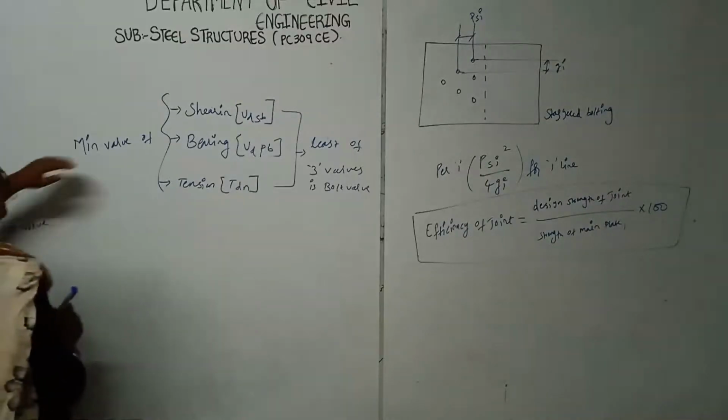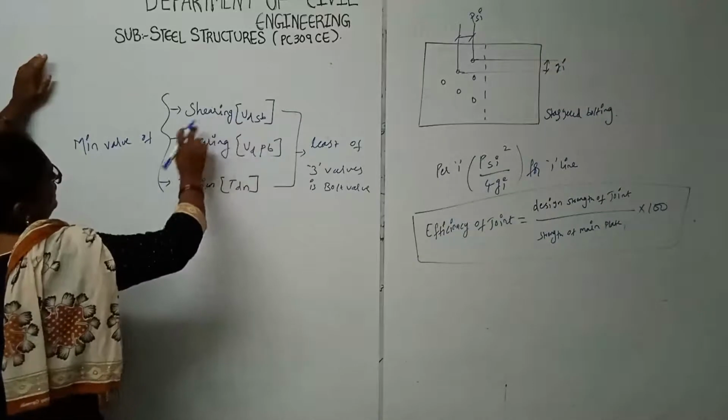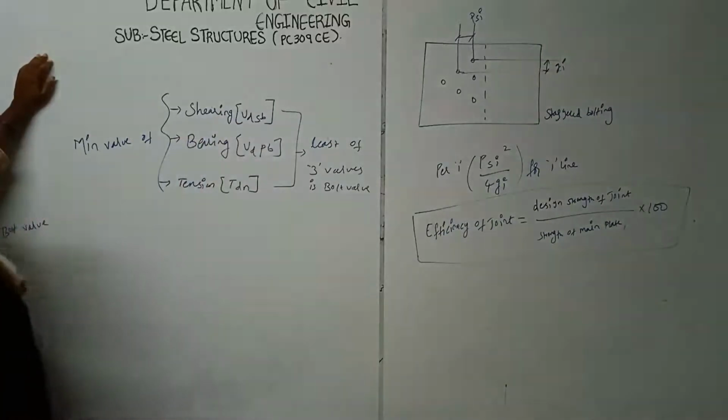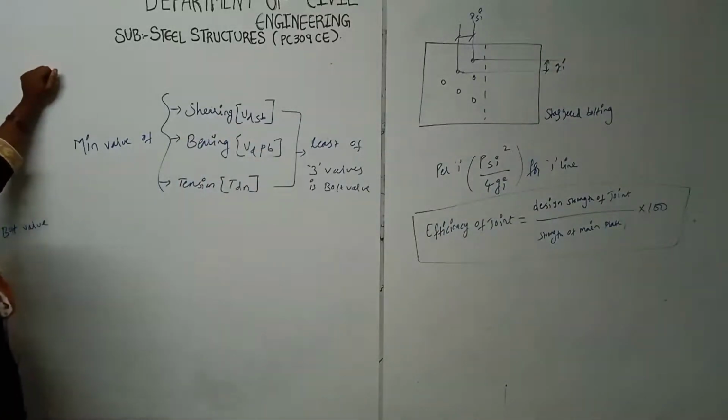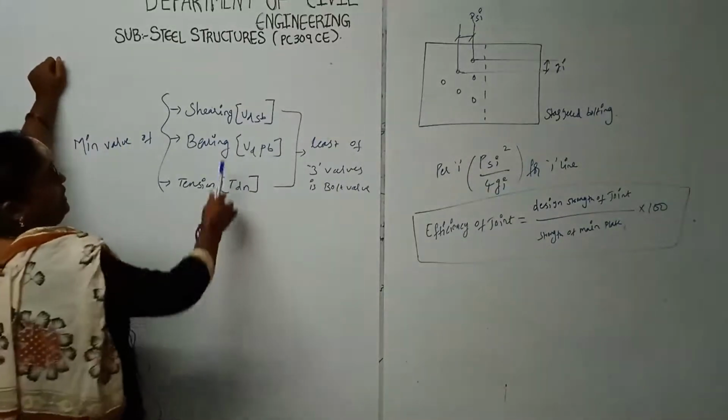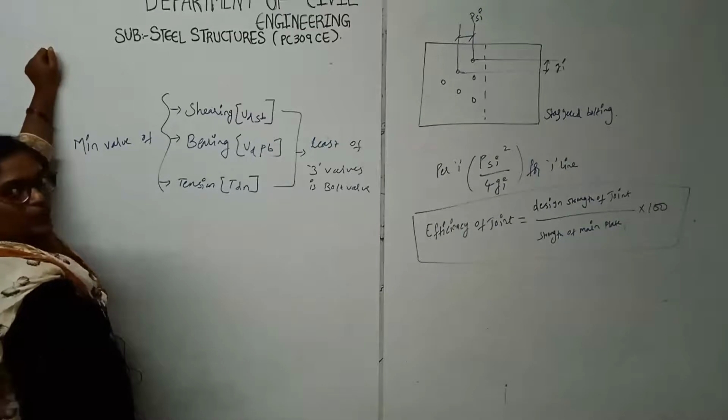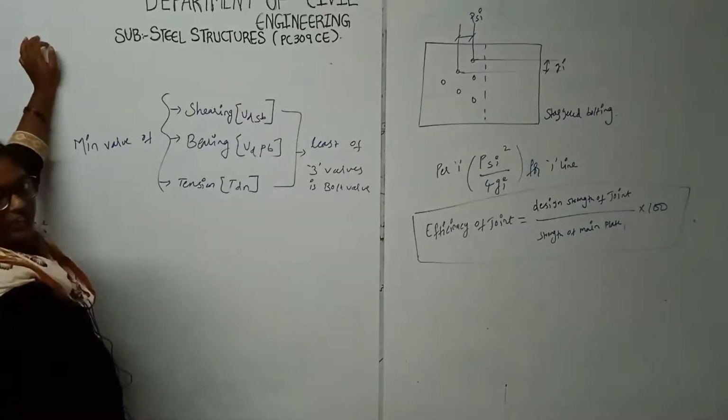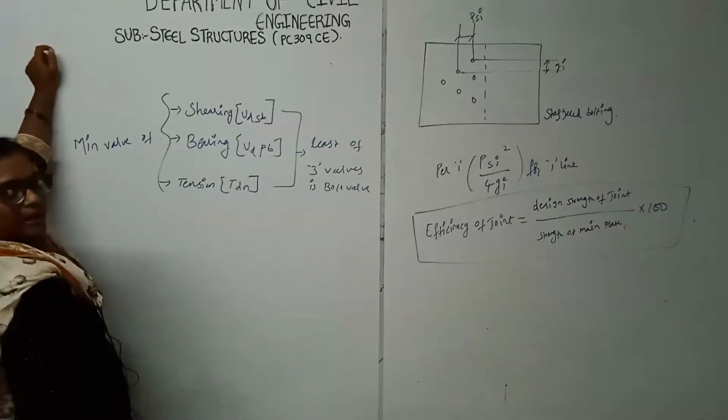So what is actually a bolt value here? Right from the beginning we have calculated shearing, that is VNSP by gamma MB, and bearing VDPB is equal to VNPB by gamma MB.